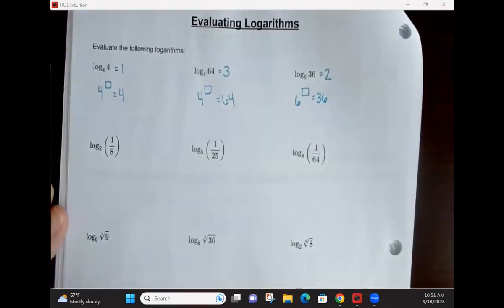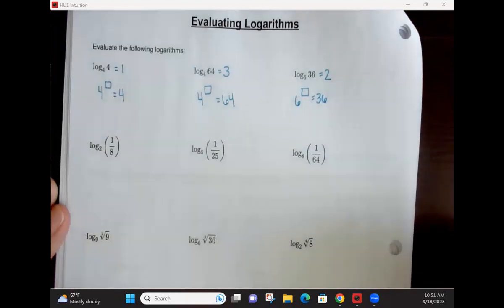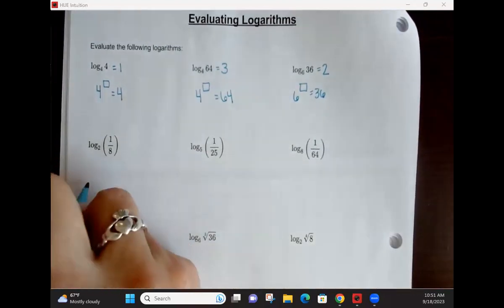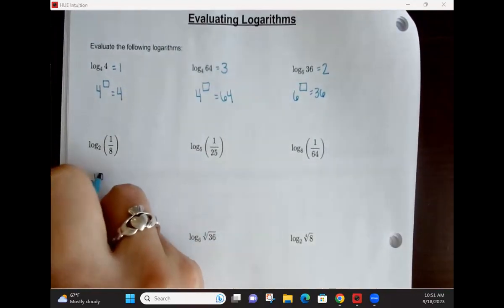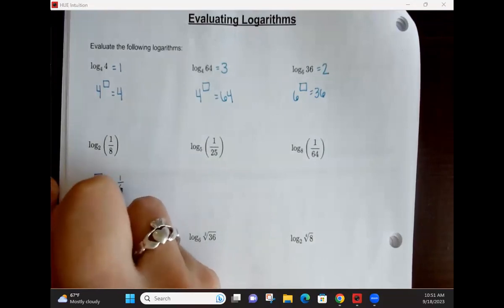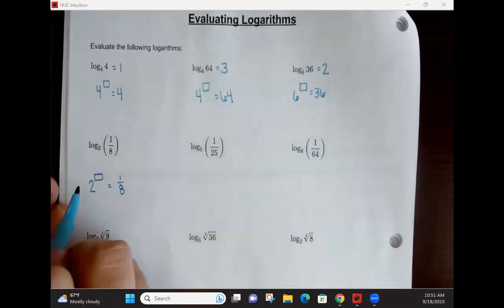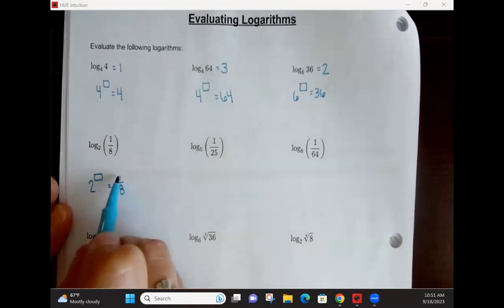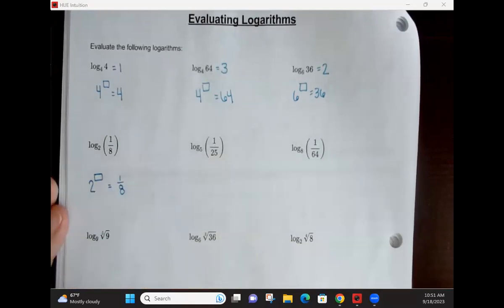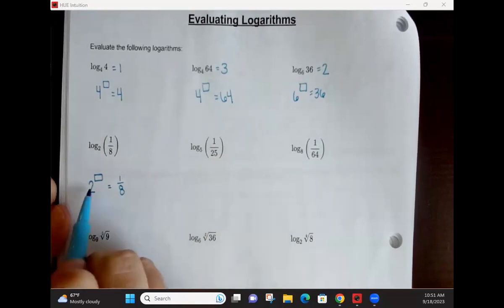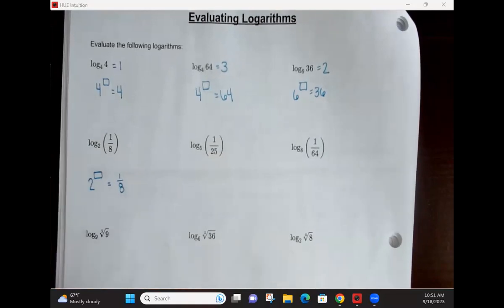Okay. For my next row of problems, I've got to start: 2 to what power gives me 1/8? I want you to notice here, I'm starting with a whole number and I'm ending with a fraction. So when I'm moving between a whole number and a fraction, what I know must be true is that I took a reciprocal, right? I flipped this.